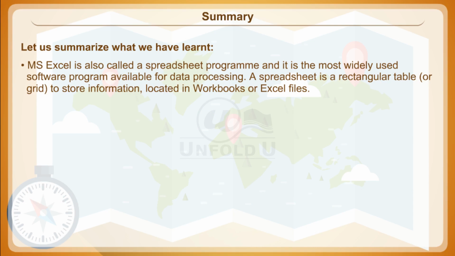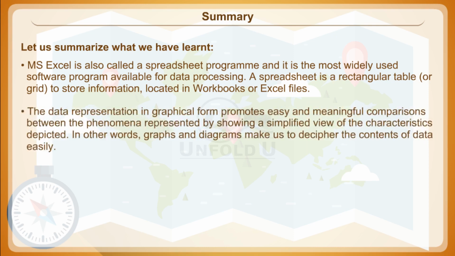A spreadsheet is a rectangular table or grid to store information located in workbooks or Excel files. The data representation in graphical form promotes easy and meaningful comparisons between the phenomena represented by showing a simplified view of the characteristics depicted. In other words, graphs and diagrams make us decipher the contents of data easily.